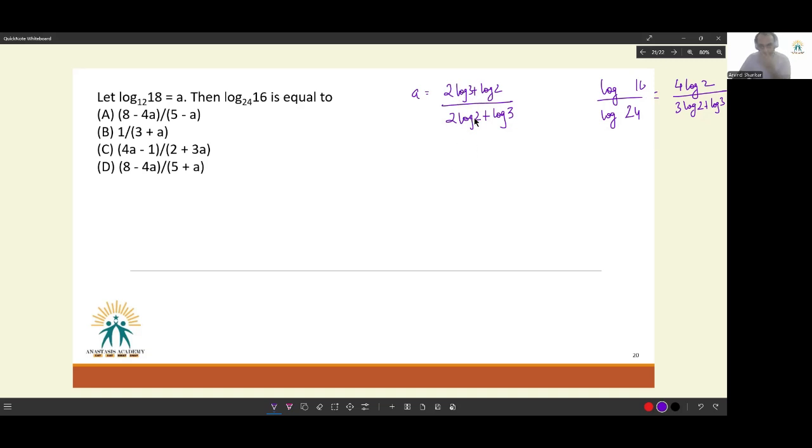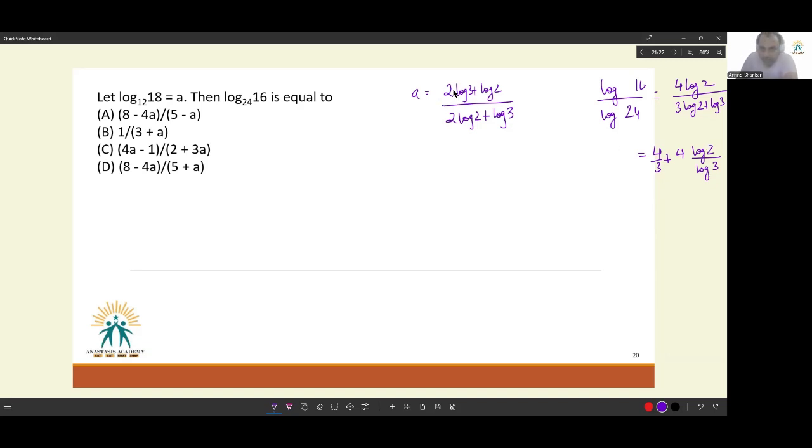This by this, I know what I have to do. This will give me 4 by 3 plus 4 times of log 2 by log 3. So I need a value for log 2 by log 3. I don't want a value of log 2 separately, log 3 separately. I need a value of log 2 by log 3.